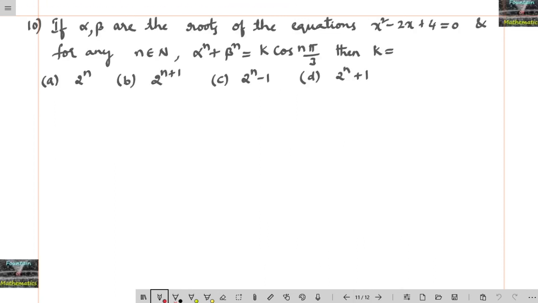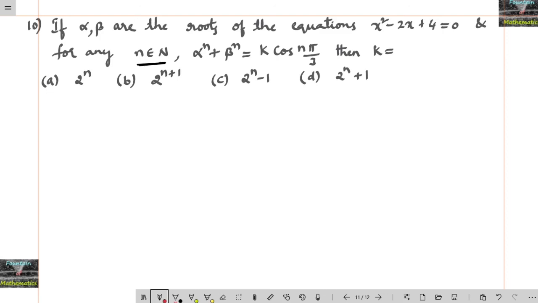If alpha, beta are the roots of the equation x square minus 2x plus 4 is equal to 0, and for any n belonging to N, alpha power n plus beta power n is equal to k cos(n pi upon 3), then k is equal to. So here also I suggest to go with the verification process.